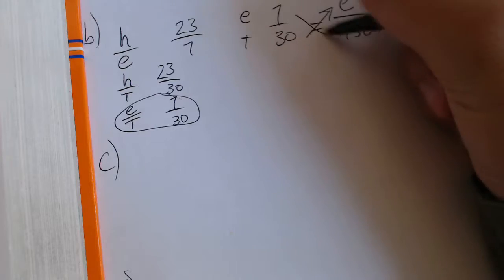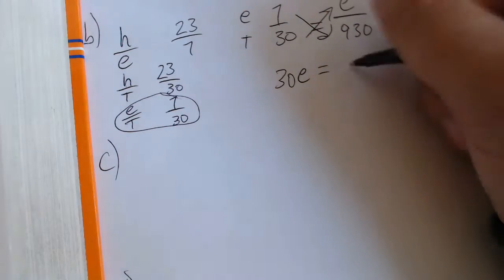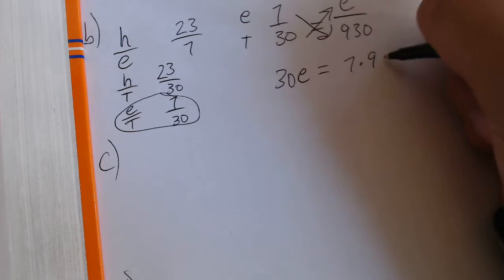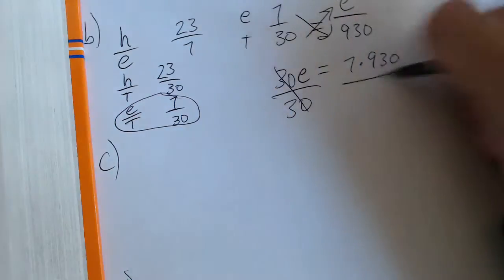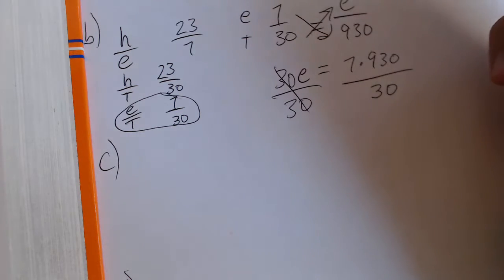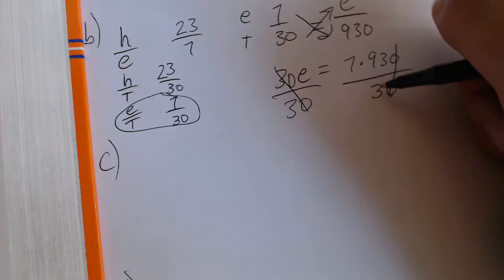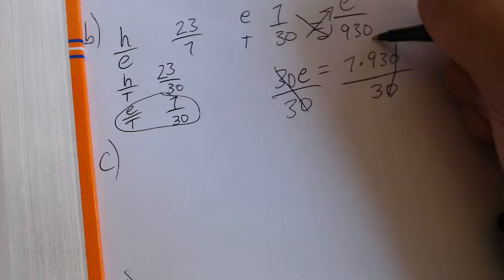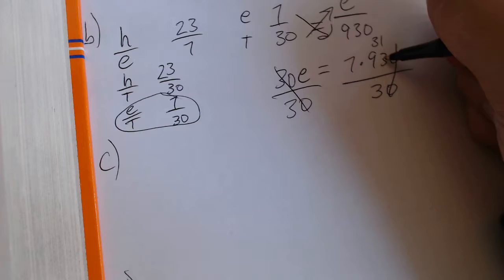We cross multiply. We get 30 times E equals 7 times 930. So let's reduce. From here I can cancel these zeros, and then I can divide pretty quick mentally and say that 3 goes into 93 31 times, because 3 goes into 9 3 times, 3 goes into 3 1 time.